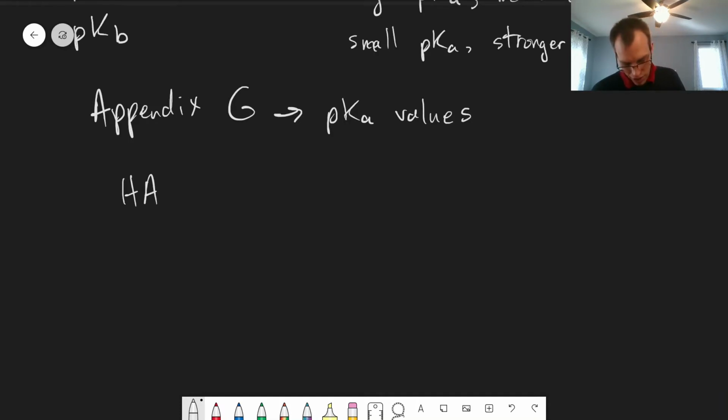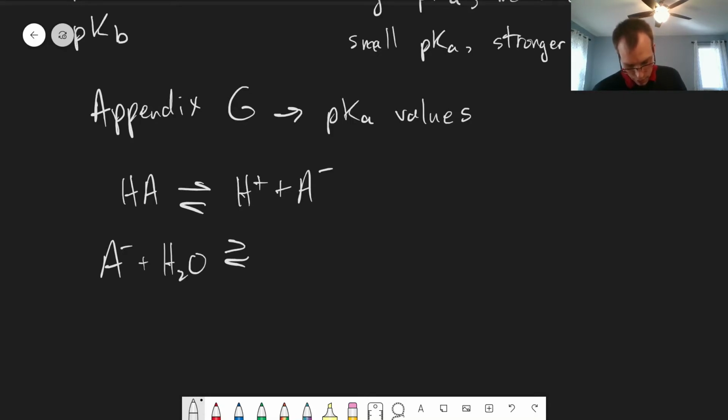So if we have HA dissociating to H+ and A-, we can also write A- plus H2O acting as a base, forming HA plus OH-. We have these two reactions that are both happening. This will have its own Ka value and this will have its Kb value.